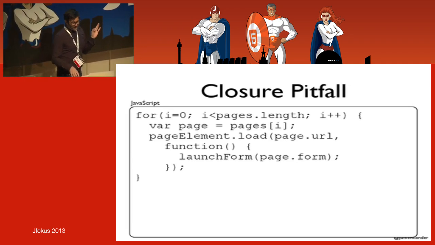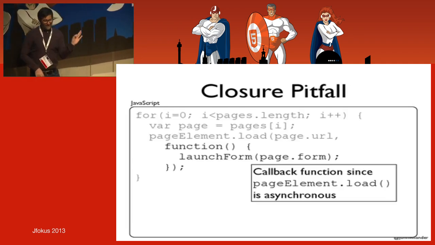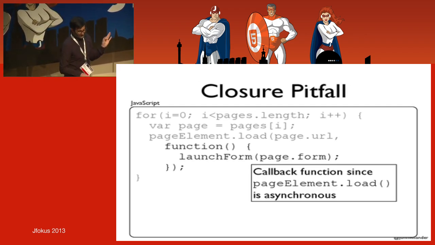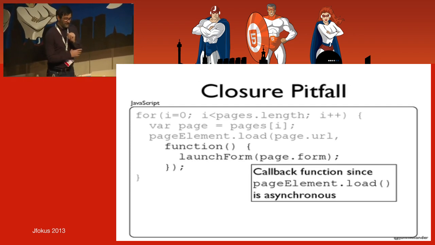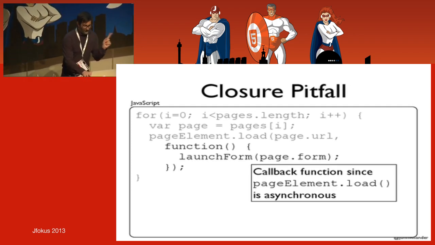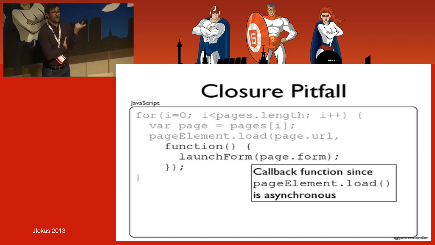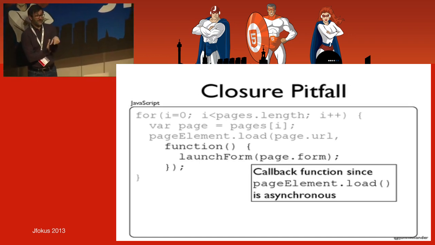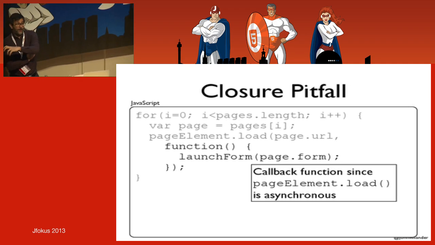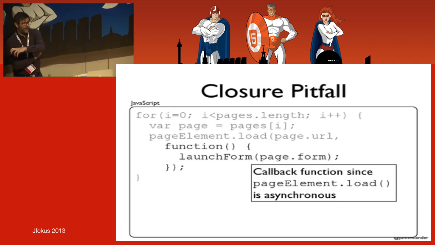And you might see here that we're declaring page inside the for loop. And by now we know, I should mention this first, I'm sorry. The load function gets a page URL, then a comma. And the second thing is that it has a callback function. And this is typical for asynchronous calls. So in this case, it will go and load a page element over the network.